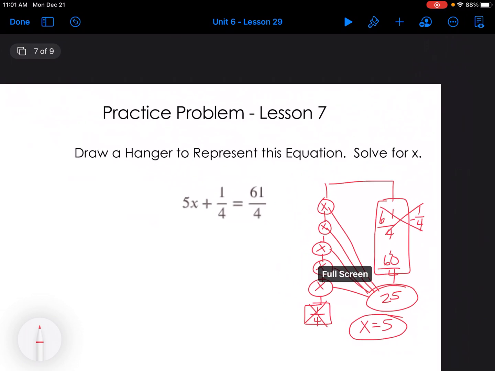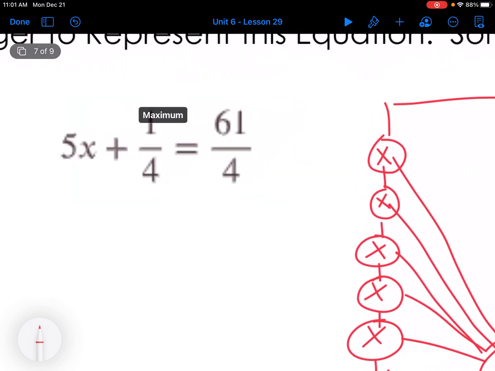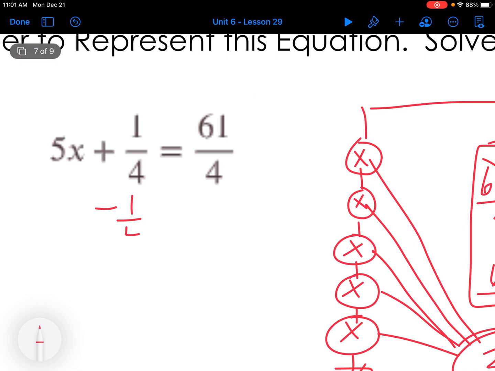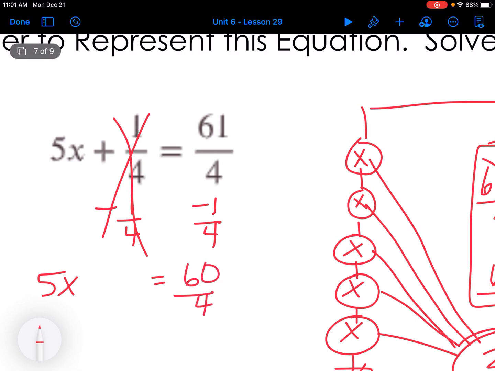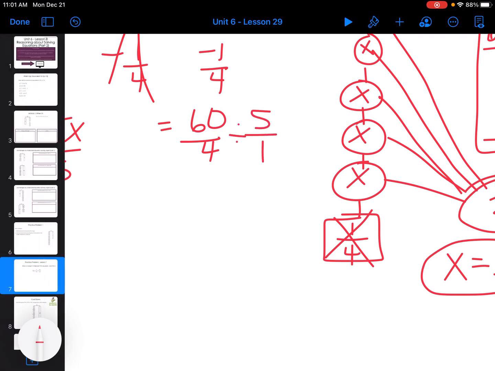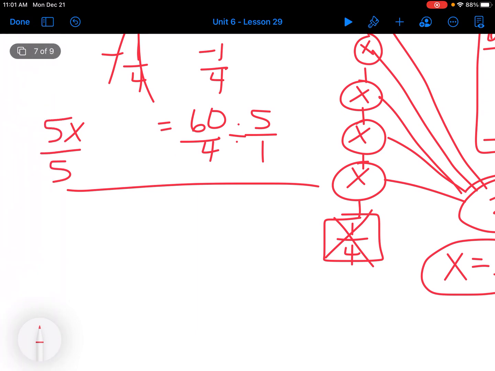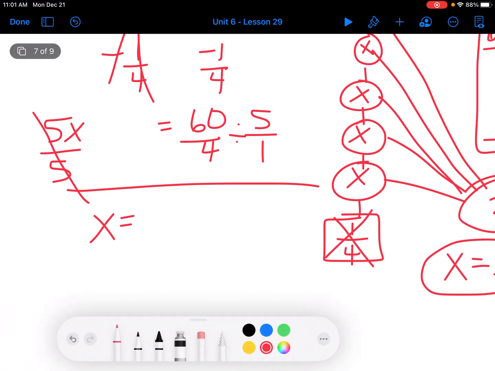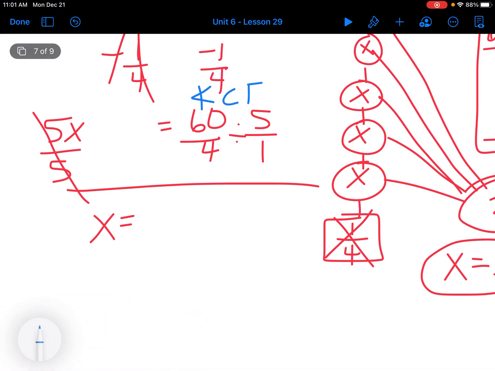Okay, so they wanted us to draw a hanger and solve it, or I could do it over here where I zero out. So then I divide by 5 so I can figure out what just 1 is. So that means I'm going to have to keep change flip. So that's 60 over 4 times 1 over 5.